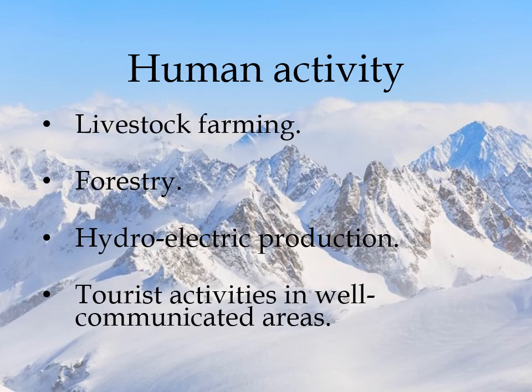As many forests grow there, they can have forestry, and because of the deep valleys and the multiple rivers, hydroelectric production, and for the attraction of that area, tourist activities in well communicated areas. Of course, it would be meaningless creating a resort in the middle of the Andes if there aren't roads or train lines or airports to reach that place.